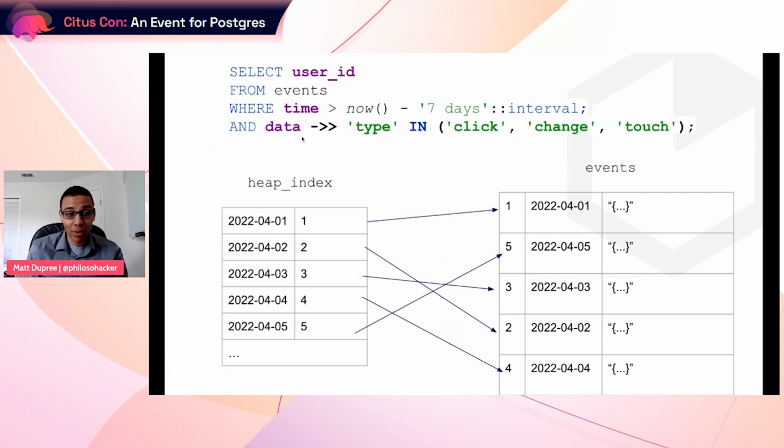It notes that user ID is in the index, which you can see, and it notes that the time is in the index, which you can see on the far left. And then it notes that this index, this heap index here, only contains events where the type is click, change, and touch. So it knows that it doesn't need to visit the event table in order to check whether the event type satisfies the predicate here, because it knows that only events that satisfy that predicate are in the index.